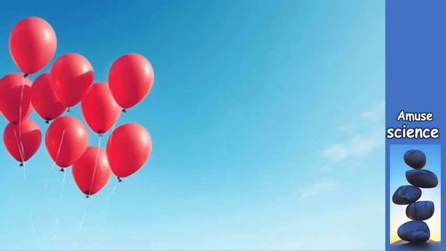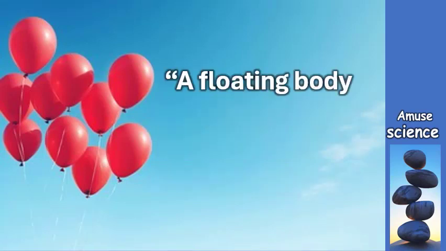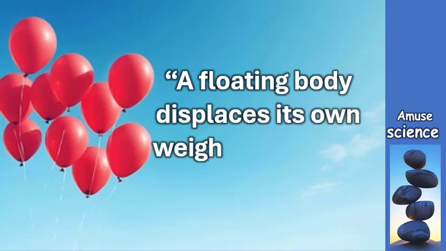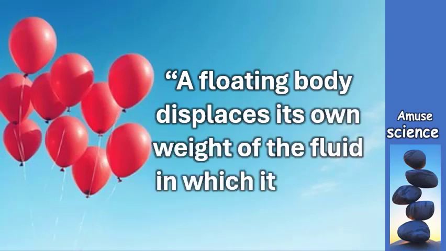I take it again. A floating body displaces its own weight of the fluid in which it floats. This law simply means that for a body to float, it must displace an amount of the liquid in which it floats, and the weight of the liquid displaced is equal to the weight of the body.